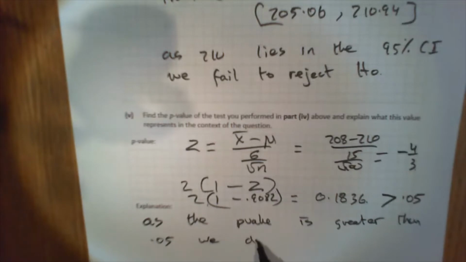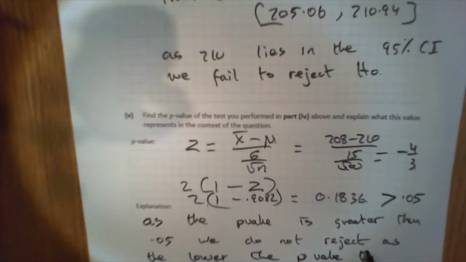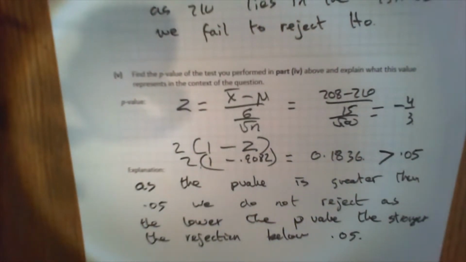We do not reject, as the lower the p-value, the stronger the rejection below 0.05. Okay, so hope that helps clear that one up.